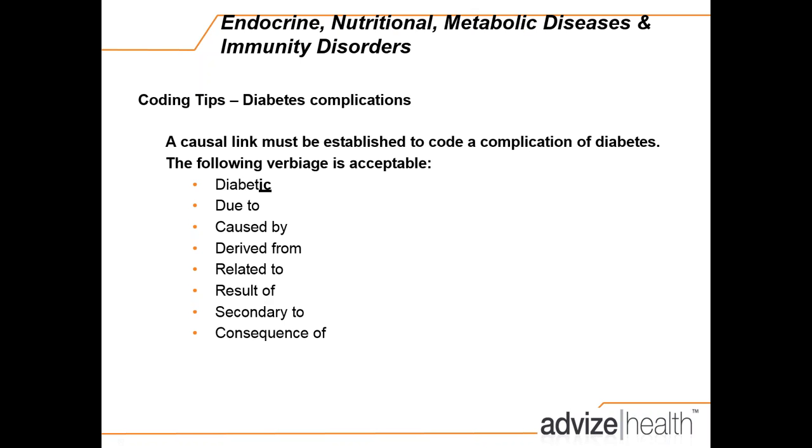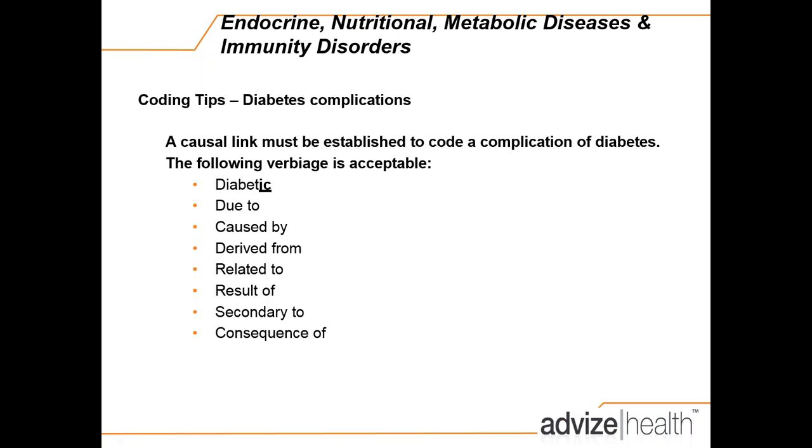So you can see many different link phrases to make note in the medical records that the patient is a diabetic patient that is linked to a medication or linked to any other chronic condition. And so again, these are just common verbiages.